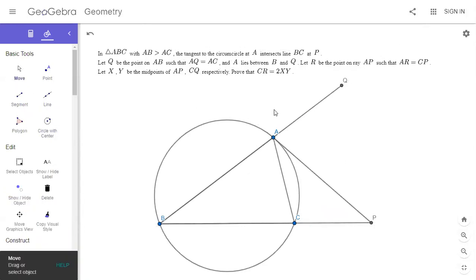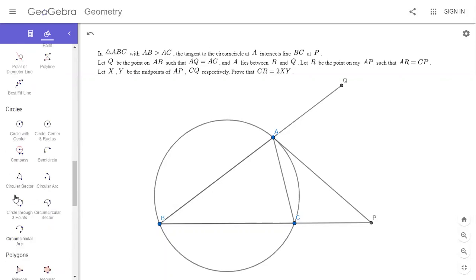Let R be on AP so that AR is equal to CP. So for this, I have to use the compass tool.